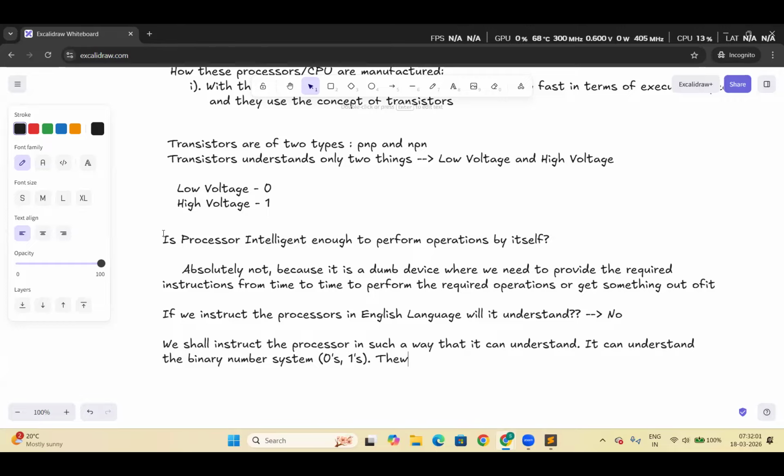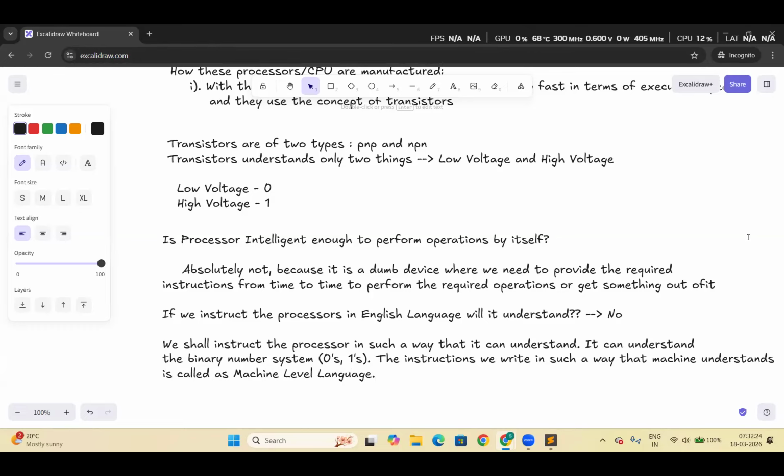So the instructions we write in such a way that the machine understands is called a machine level language. Got it?